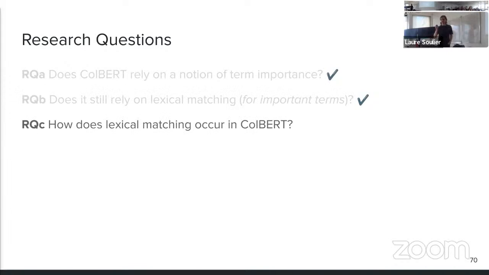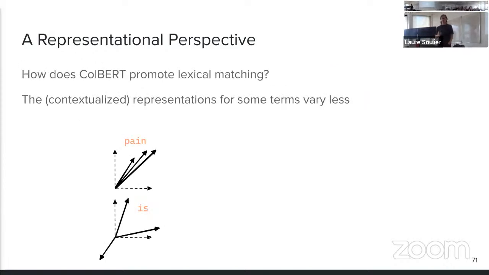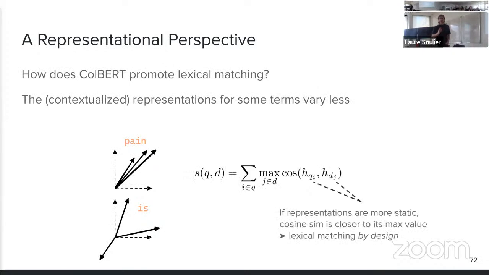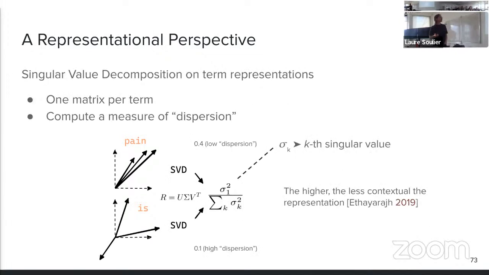After having shown that, we try to understand the reason for this behavior because it doesn't seem so obvious. Our hypothesis is that some representations are actually less contextualized than others. If that's the case, by construction of the ColBERT scoring, the max selection will tend to always select this exact term in the corresponding documents.